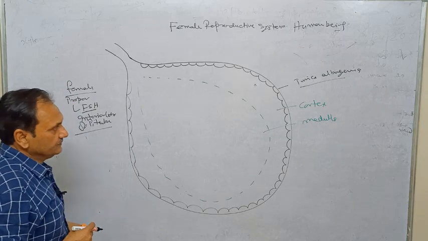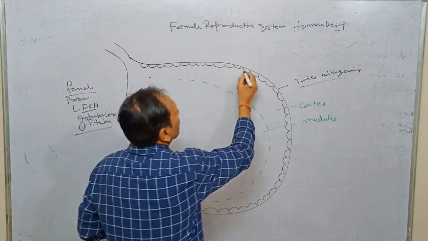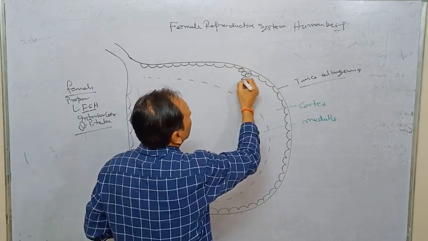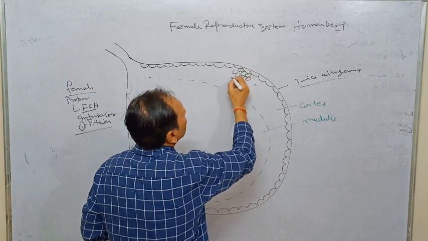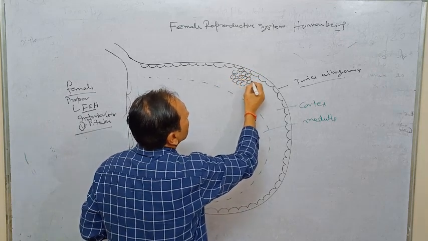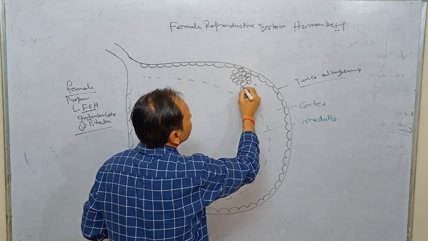Before this age, a number of follicles are accumulated inside it and their nature is like this.